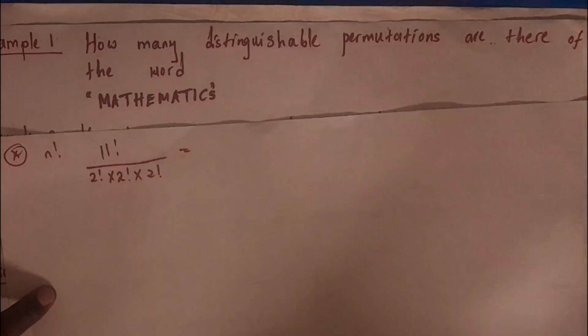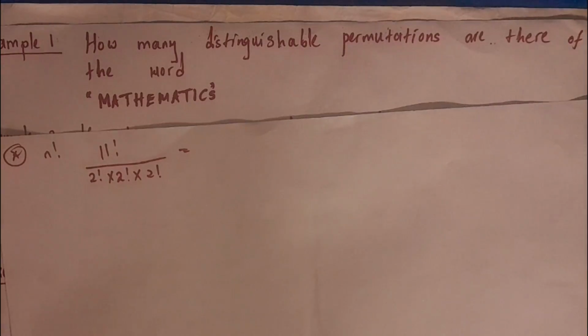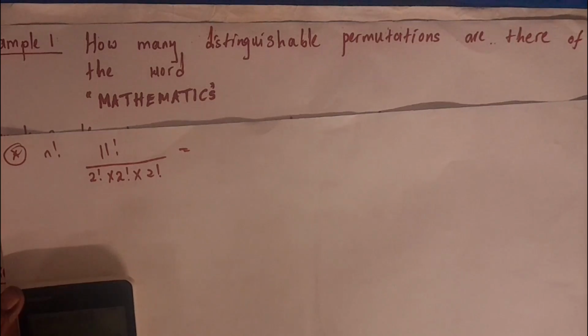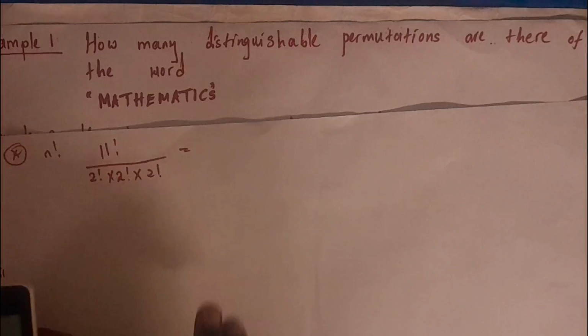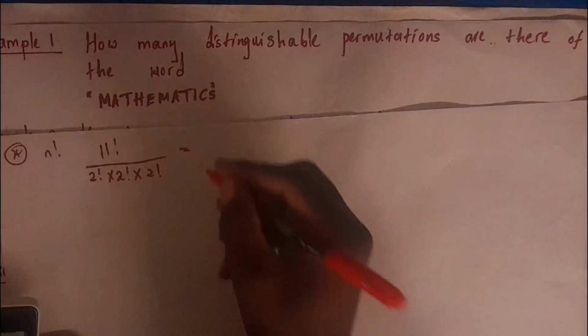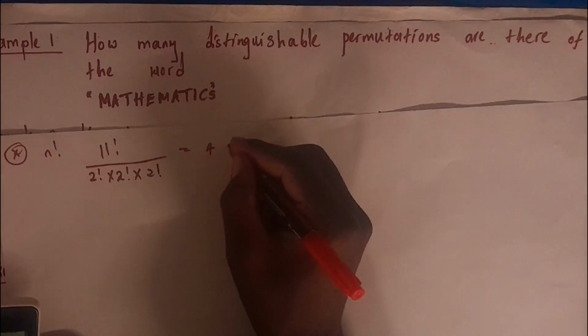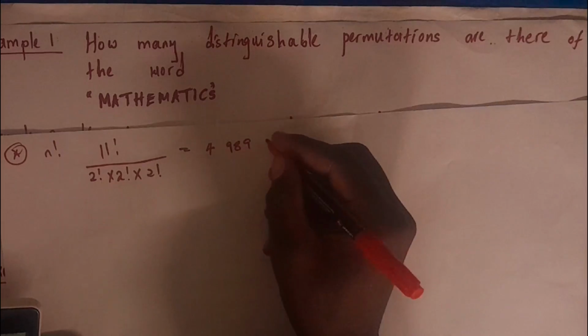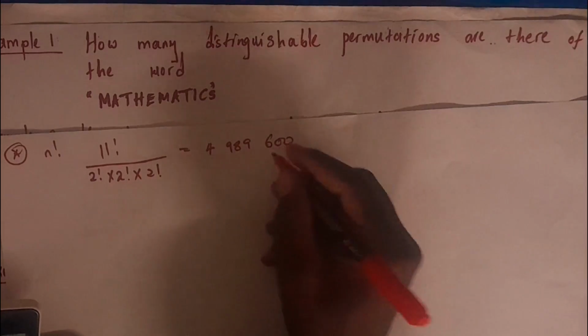So the answer we are going to get is 11 factorial all over 2 factorial times 2 factorial times 2 factorial, which is 4,989,600.